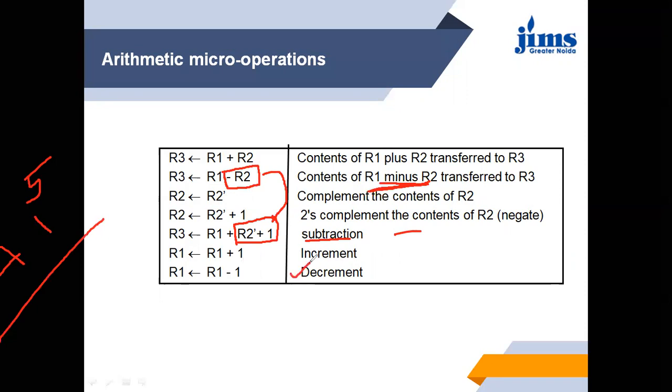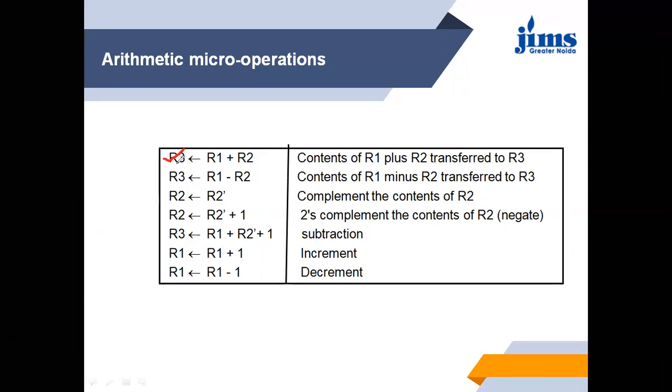So here we discussed the arithmetic operations. In this arithmetic operation, we saw how addition is performed, how the negation, meaning minus, is performed, how we can find the 1's complement, and the process to find the 2's complement, and how we can solve this equation, because nothing can be performed in the case of minus.